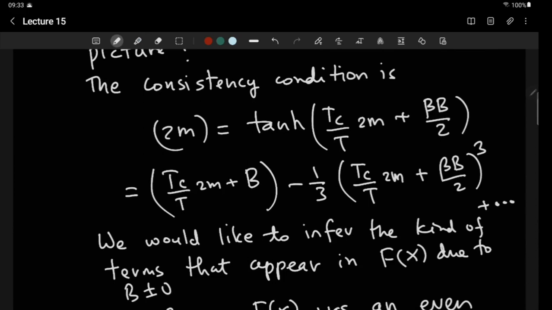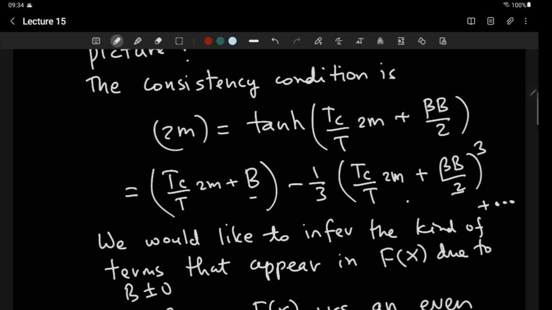If you square this, you get a 2m square term from expanding it binomially. You also get a term with one power, and a constant piece which comes completely from here. There's also a constant piece coming here. So this is what is happening.